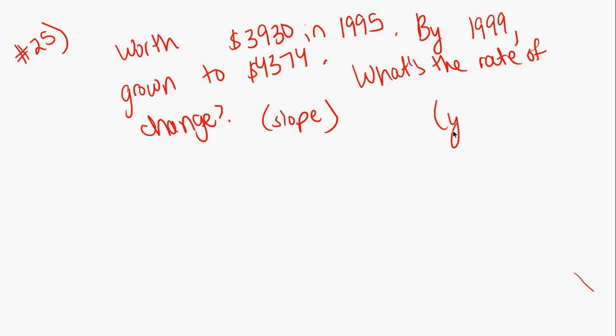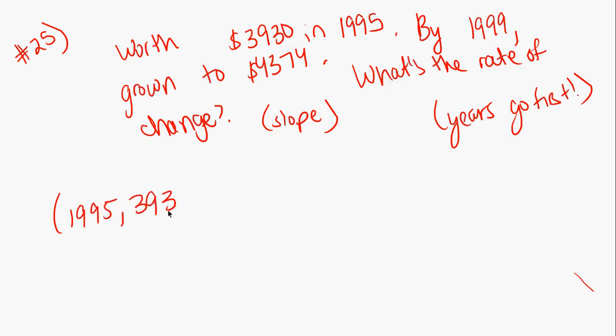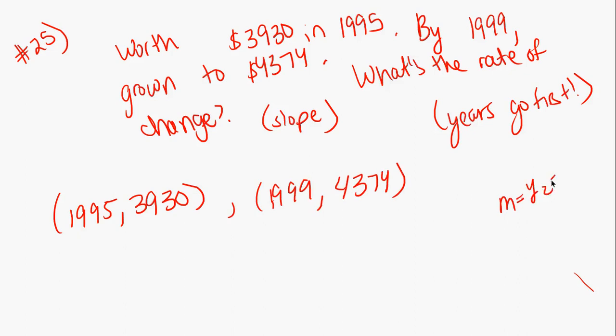Now, I recommend always putting years first, just because it makes our answers look better. So our first point would be 1995, 39.30. Our second point is 1999, 43.74. And then again, our slope is m equals y2 minus y1 over x2 minus x1.